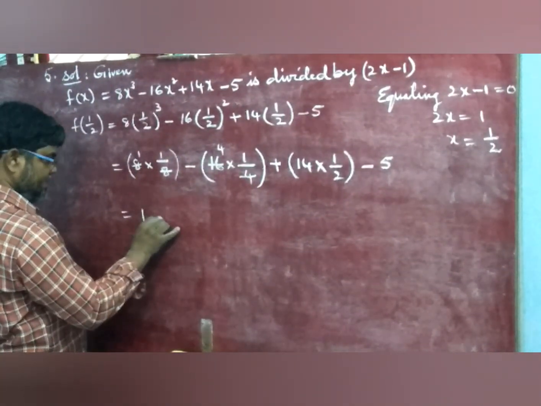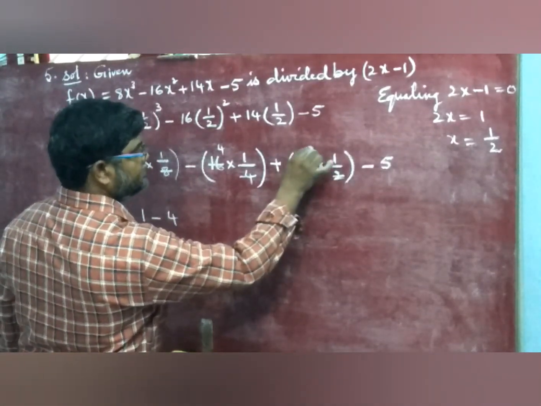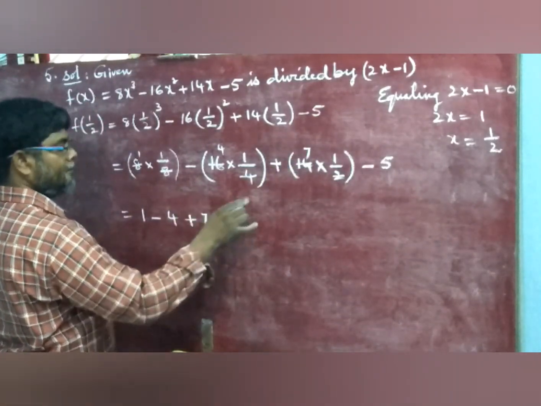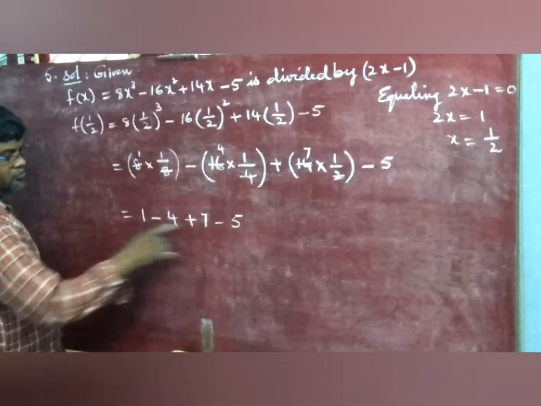Here minus is there. Minus 4. Here 2 goes 7 times. So plus 7 1 is 7. Minus 5.